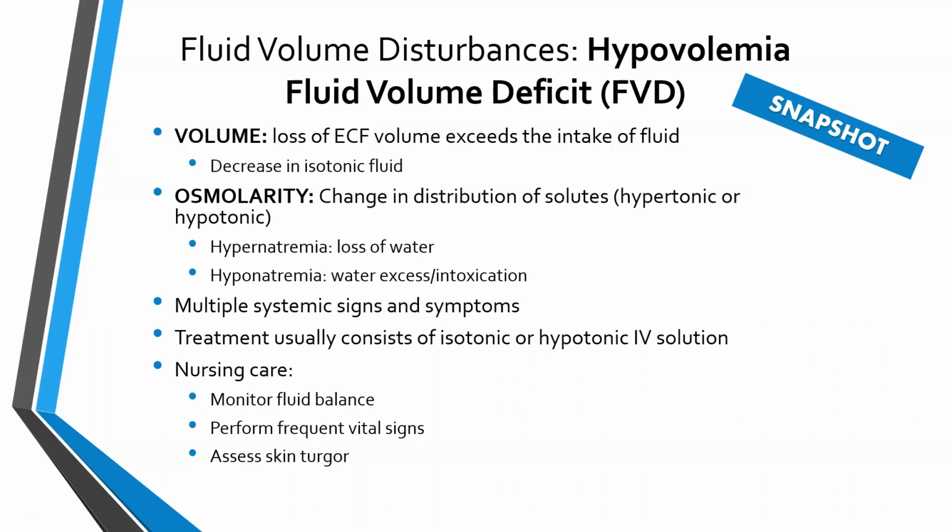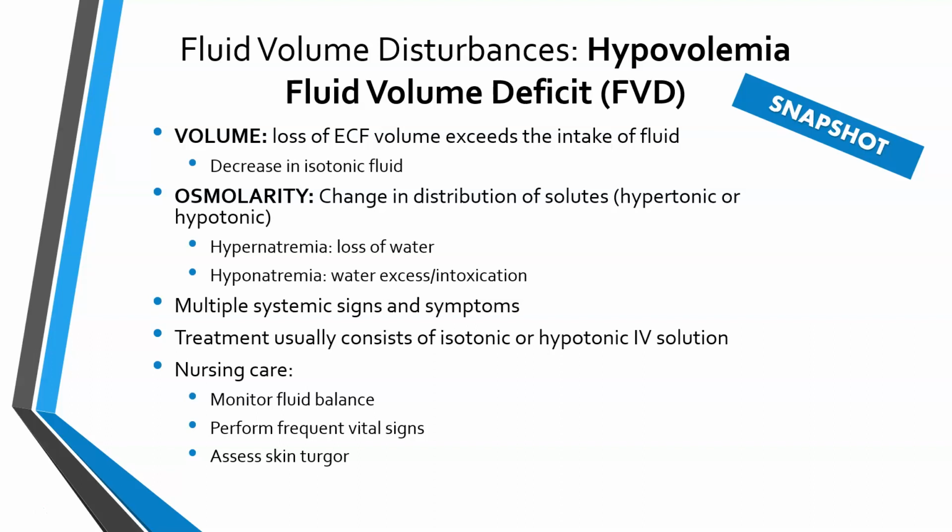There's a possibility of hypernatremia, which typically happens when there's a loss of water. But there can also be hyponatremia when there is water excess or intoxication. Multiple systemic signs and symptoms go along with hypovolemia.